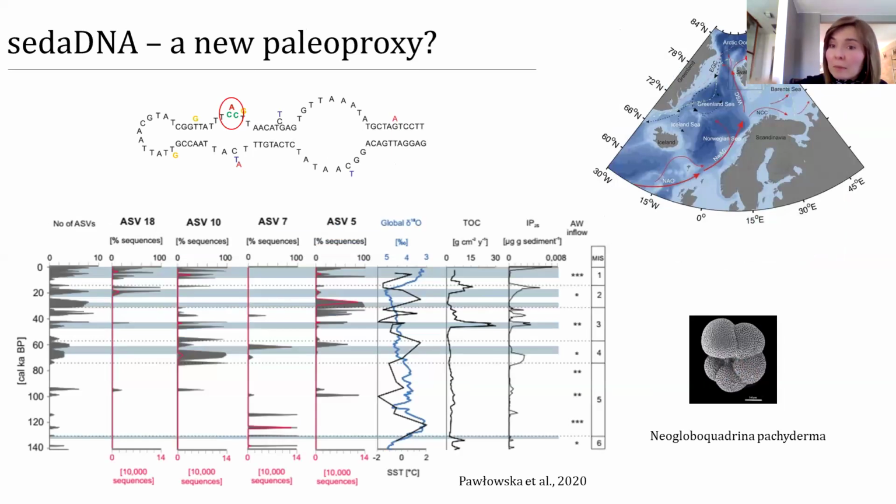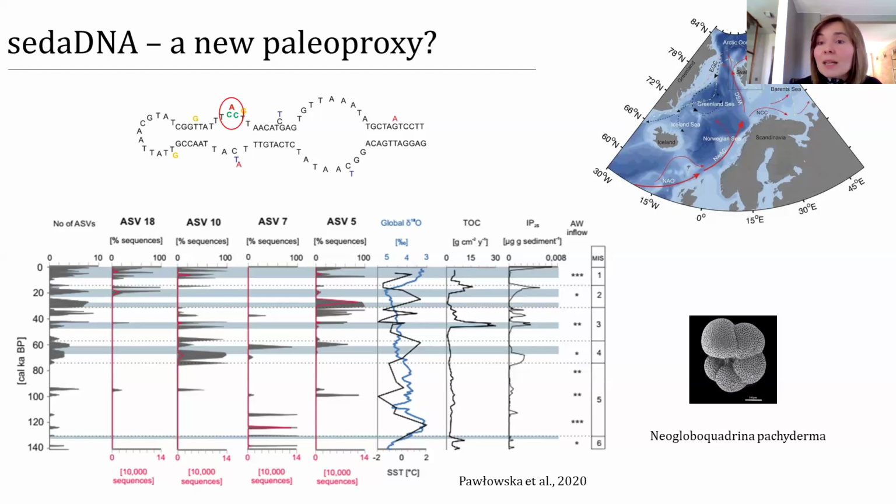We can go even a bit deeper, from group level to the clade level and to the variability inside the taxa, inside the species. Here you see an example of another study from Svalbard.